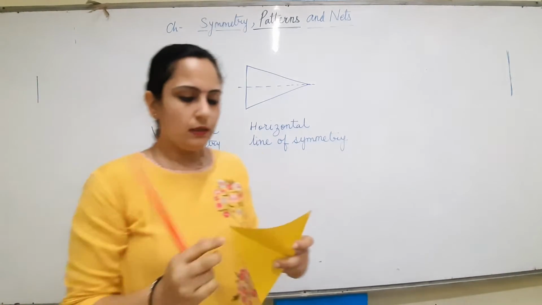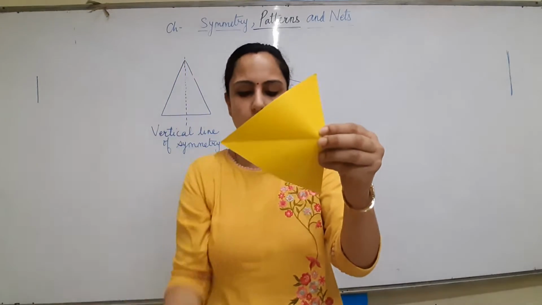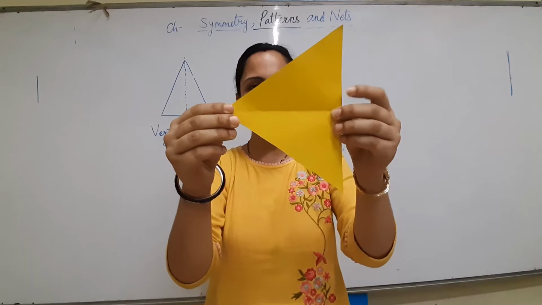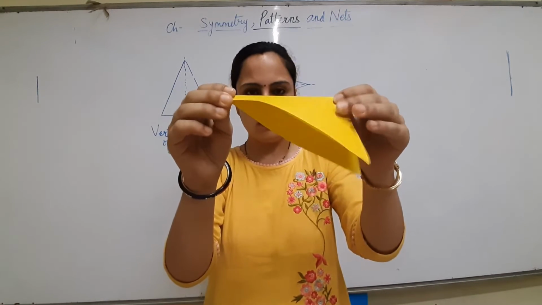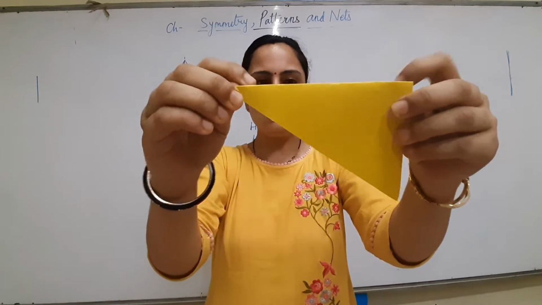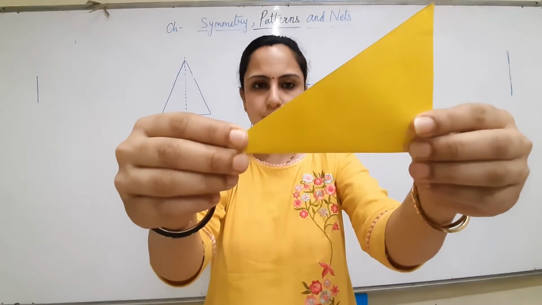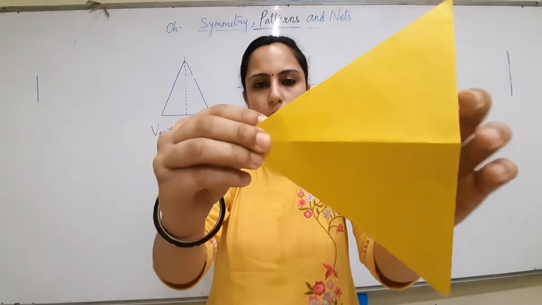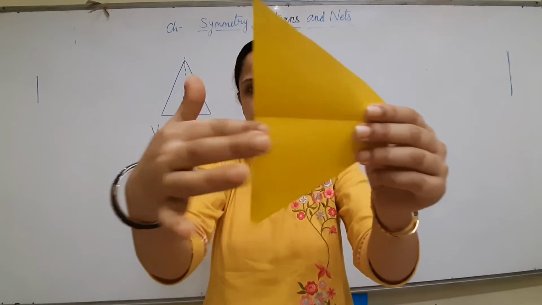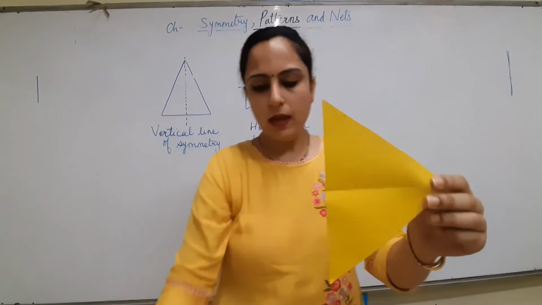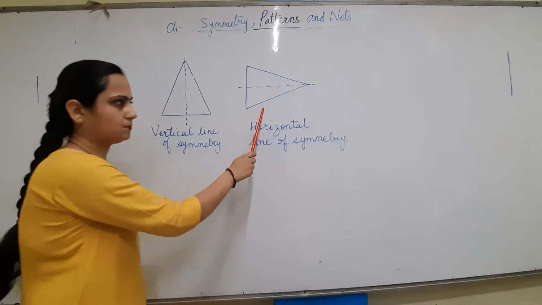What will happen if I keep this isosceles triangle like this? Now again when you fold it like this, you can see again it is overlapping its own shape. So this line which is formed now is known as the horizontal line of symmetry as drawn on the board.